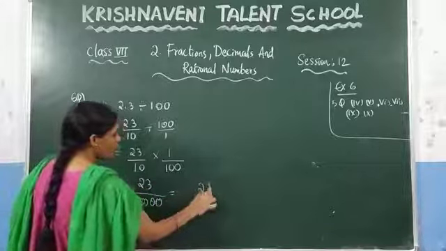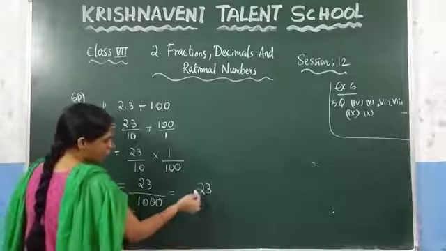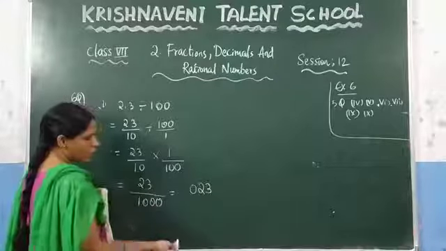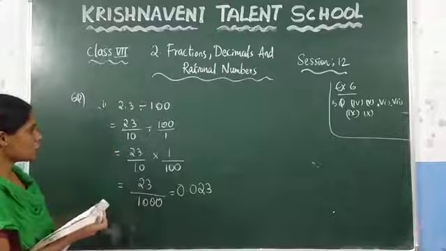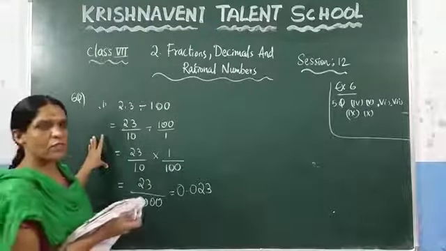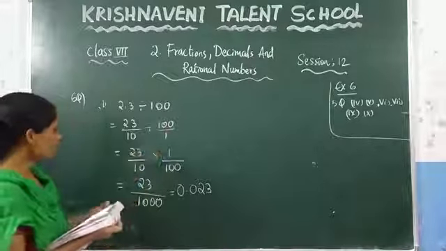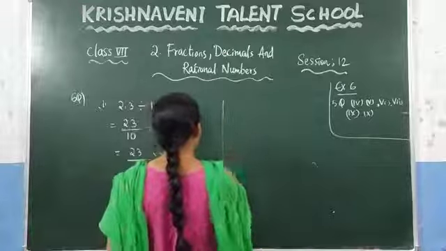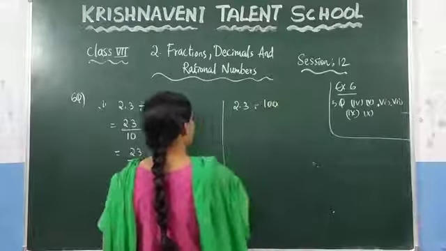So what is the result here? 23, since you need to move 3 places, 1, 2, the third number is not there, keep it 0. Before that you need to keep the decimal point. Like this you need to do; this is the normal division if you have been given a decimal number and a whole number. And if you want to do the other process, which is the shifting method, 2.3 divided by 100.